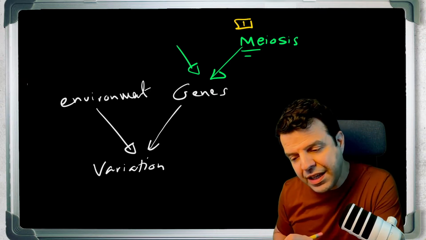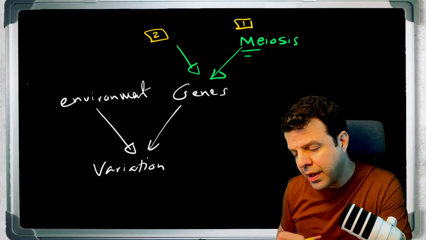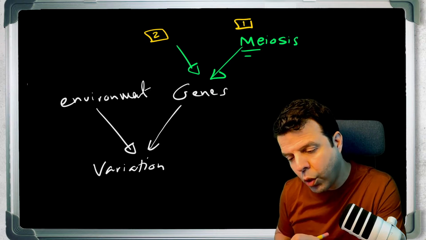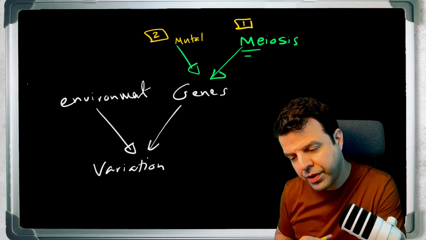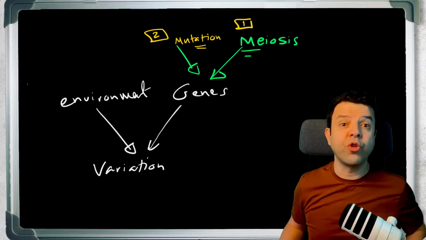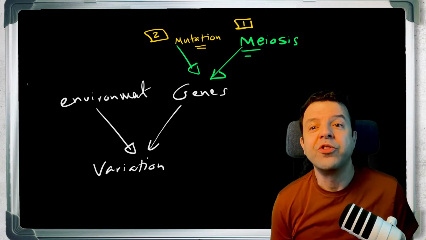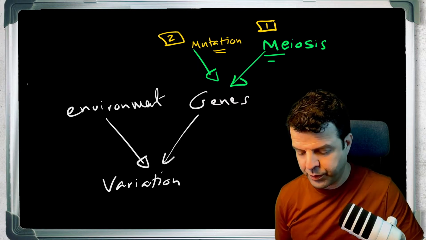But there's another factor which is just as important, and that is what we call mutations. This takes us to something very important, which is the definition of a mutation. So what is a mutation?